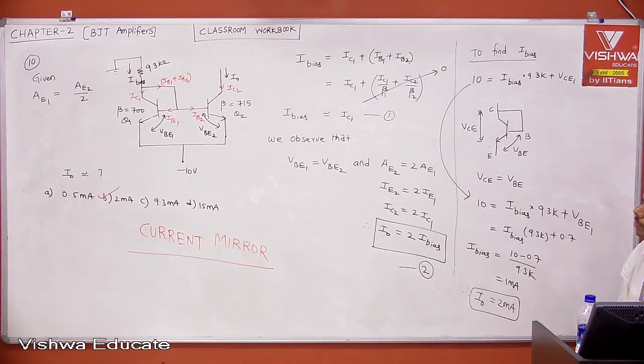Okay? That is what is a current mirror. Whatever current you have in transistor Q1, the same current will be in Q2, provided same area.